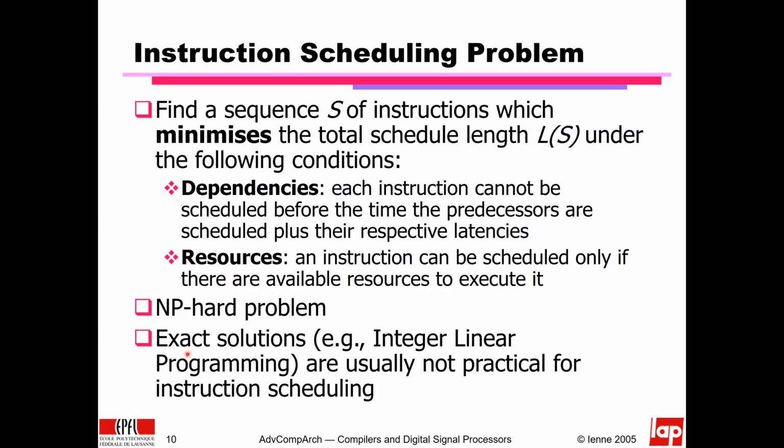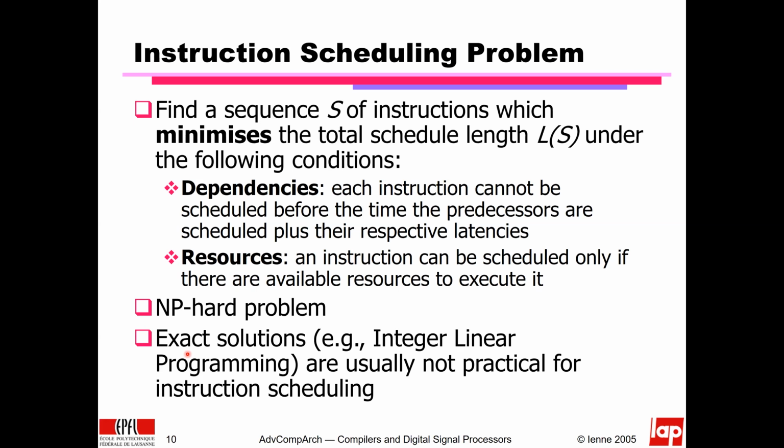The second problem that we care about is the scheduling problem. The idea is that we have a sequence of instructions that correspond to a schedule. If I know the rule of execution of the different instructions and their latencies, then because of these latencies I need to respect all the dependencies.